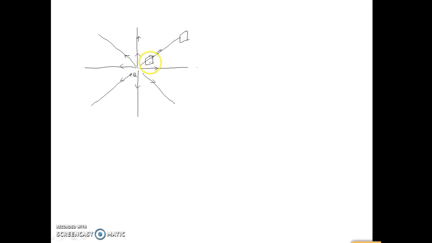So the density of the lines will give an idea about the magnitude of the electric field. By looking at this, we can say that the field intensity here is more than the field intensity here. So the electric field lines give us information about both the direction and the magnitude of the electric field intensity.